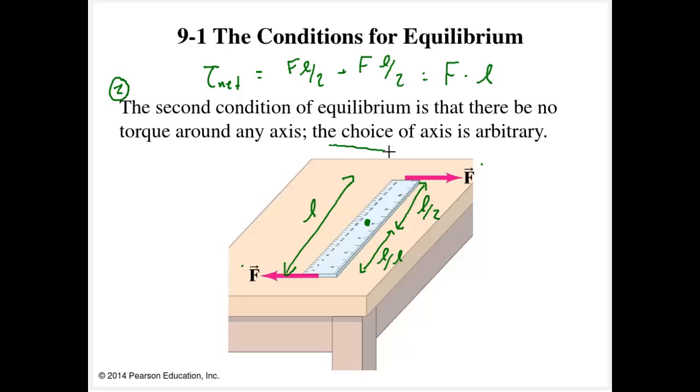And just to say that the choice of axis is arbitrary, if I drilled a hole and put my nail right here, obviously we'll get no net torque from this force. However, we still get a torque that is equal to force multiplied by length from this second force over here.